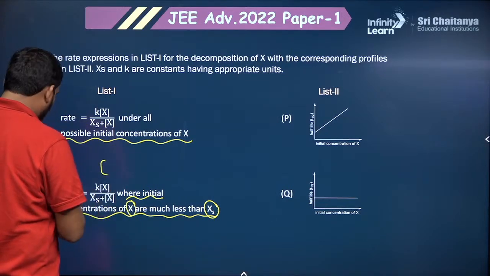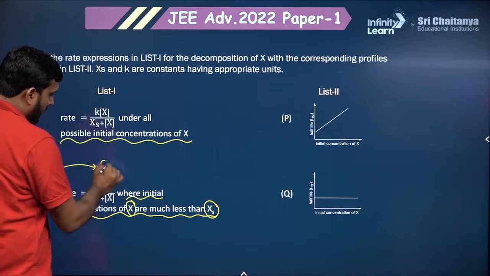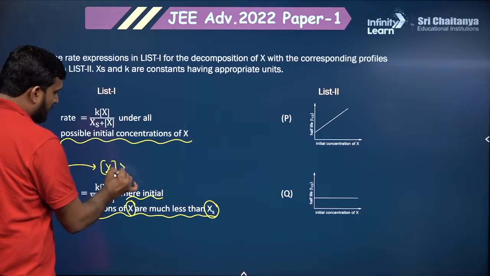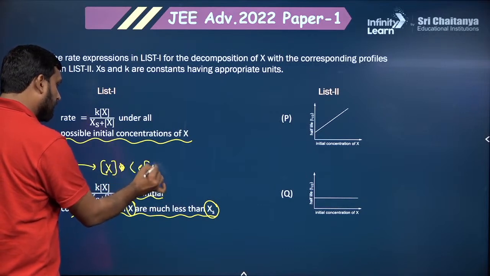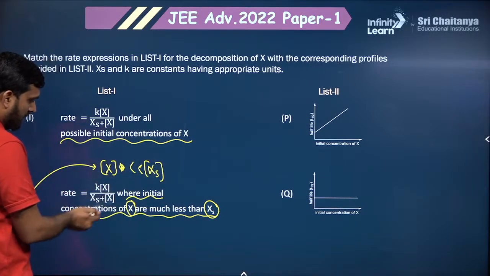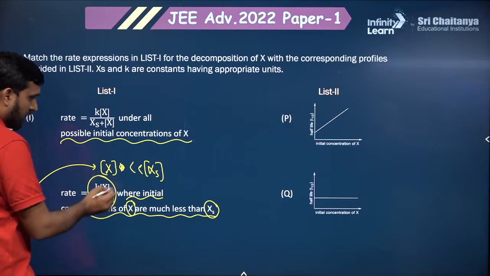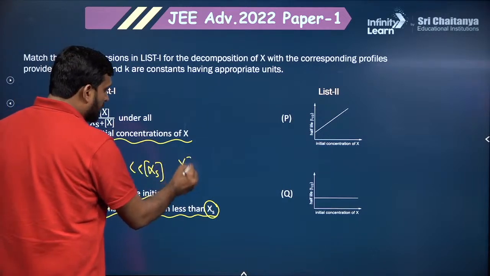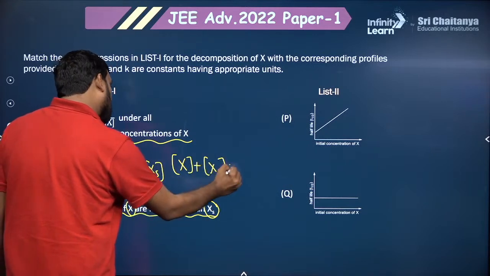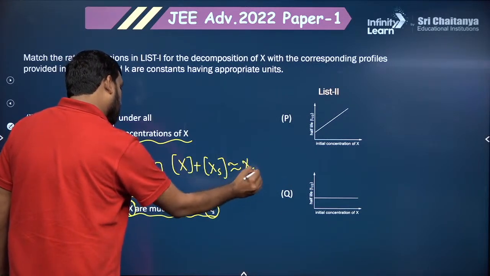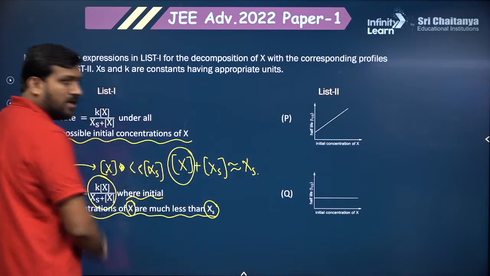So for case number 2 I am writing here, I can assume that the concentration of X is very small as compared to XS. In this case, if you resolve this equation, I can write X concentration plus XS as XS, because X is very small, so insignificant.